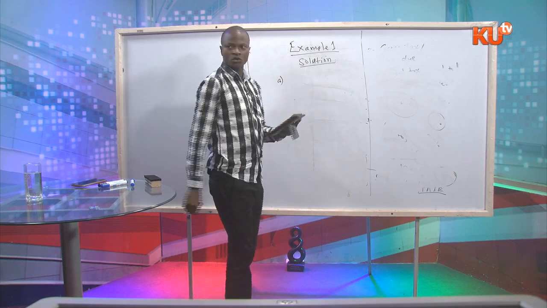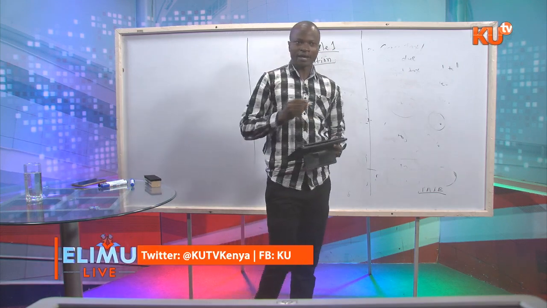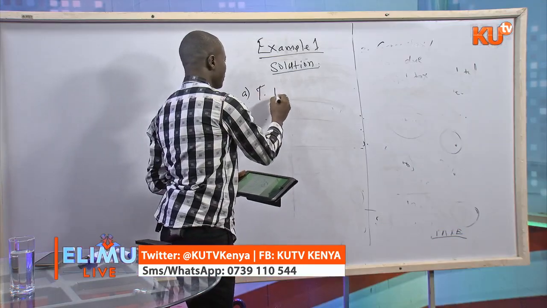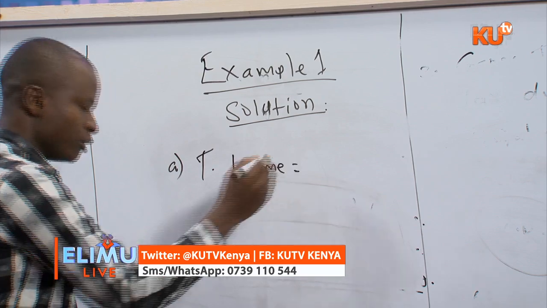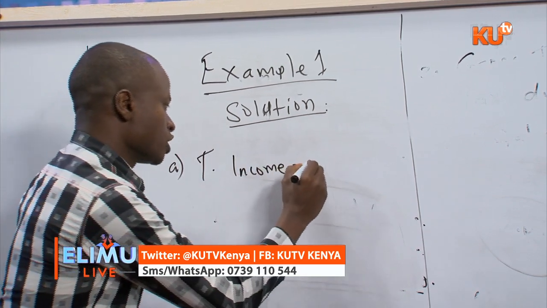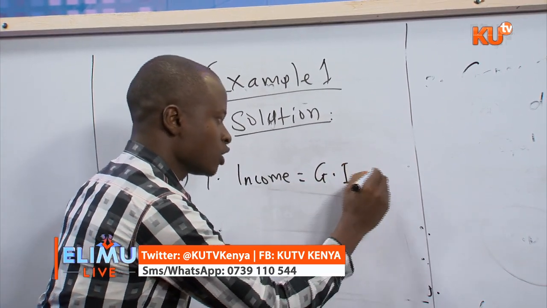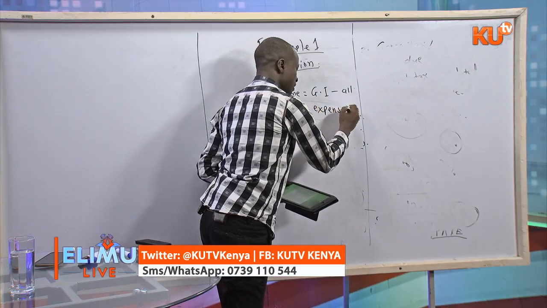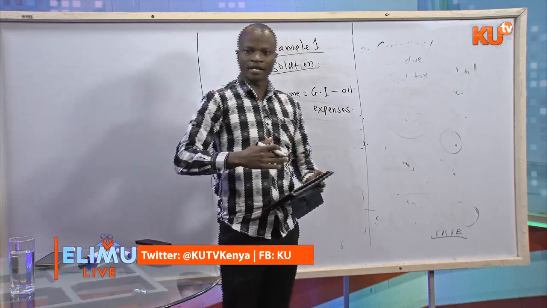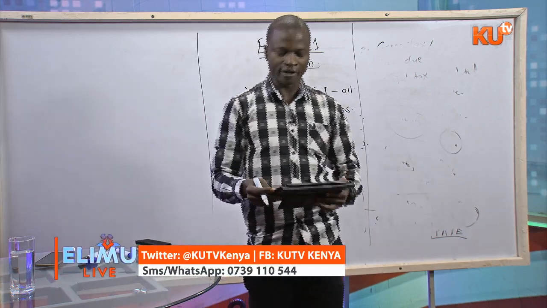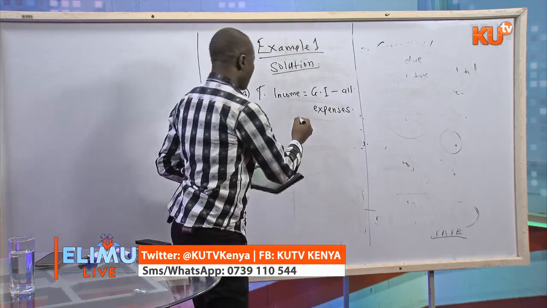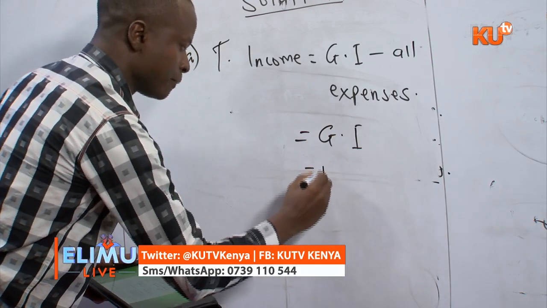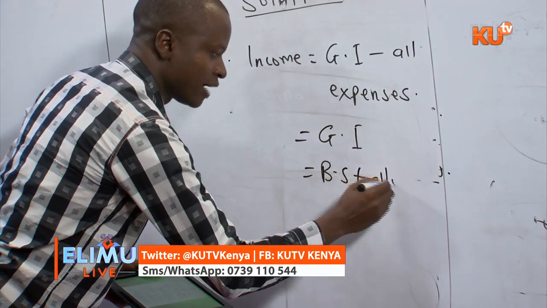So part A, we want to calculate the taxable income. From our previous discussion, we have said taxable income will be equal to the gross income minus all expenses incurred during the month. But we've not been told that this guy incurred any other expense during the month. Therefore, in this case, our taxable income shall simply be our gross income, which is the basic salary plus all allowances.